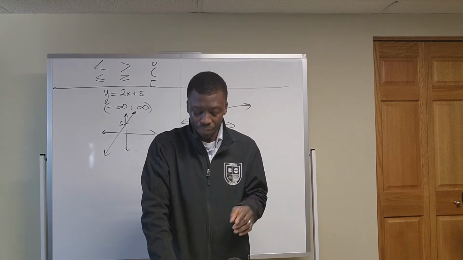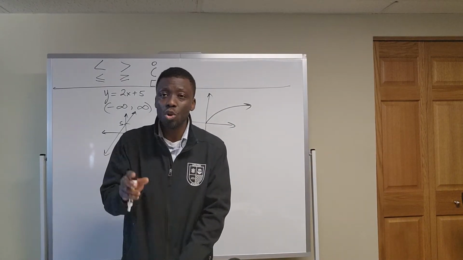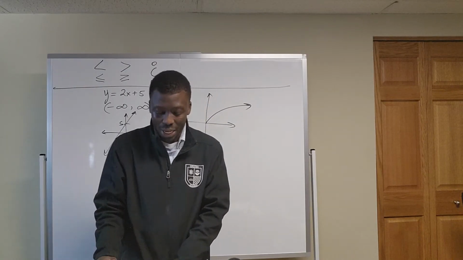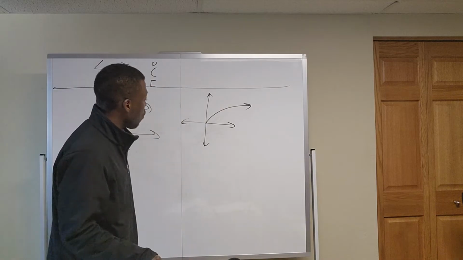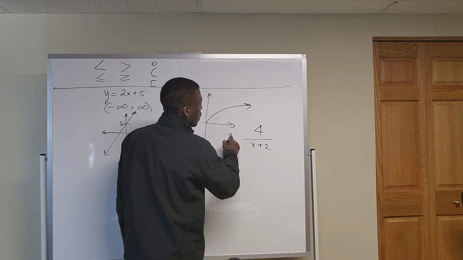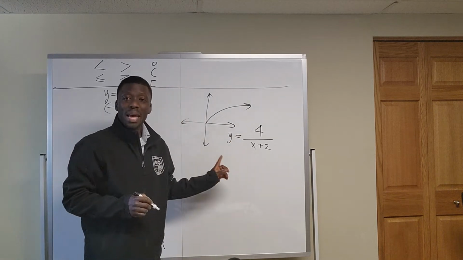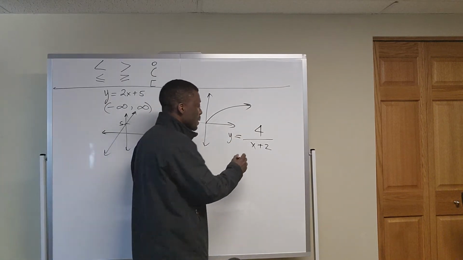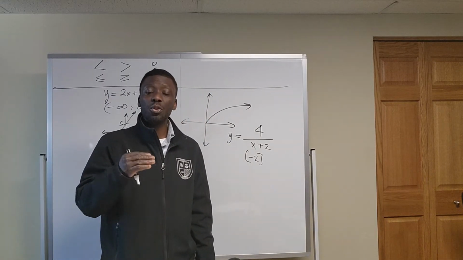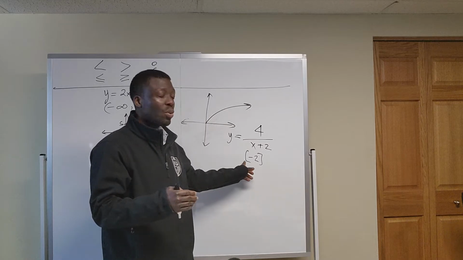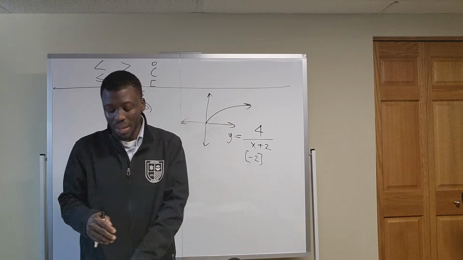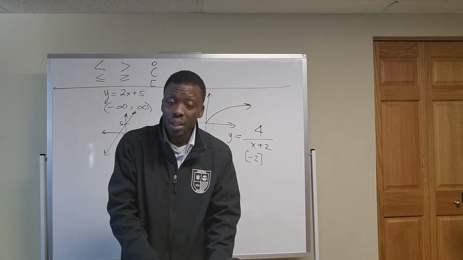For the second one, there is a domain restriction because it's 4 divided by x plus 2. In this case, the domain is all real numbers except negative 2, because if you put negative 2 in for x, it will cause a 0 in the denominator, which is a problem.